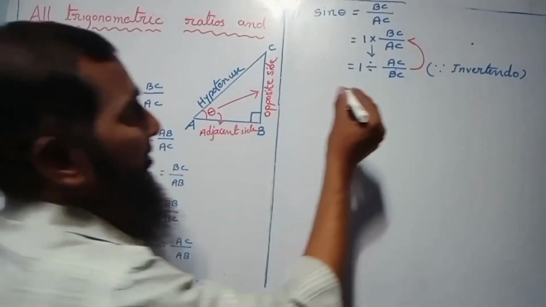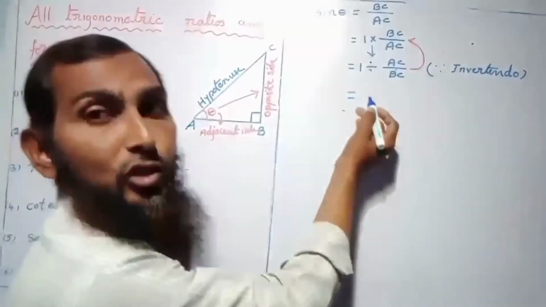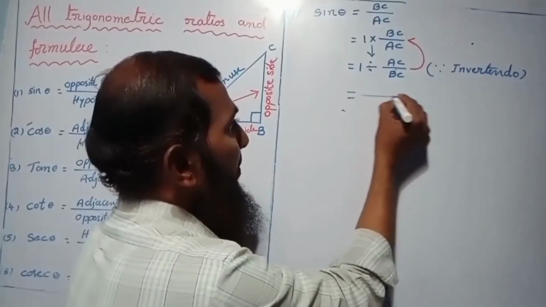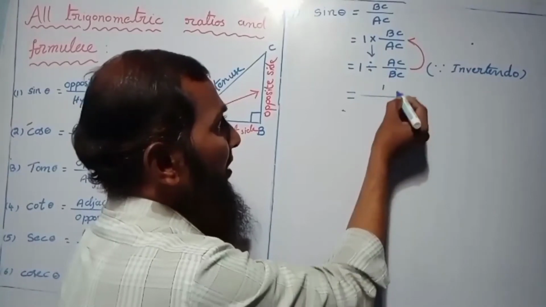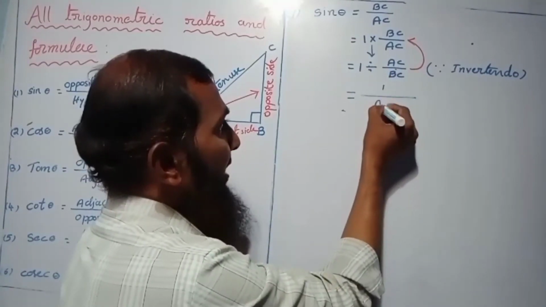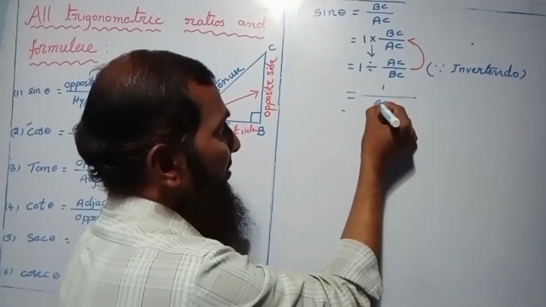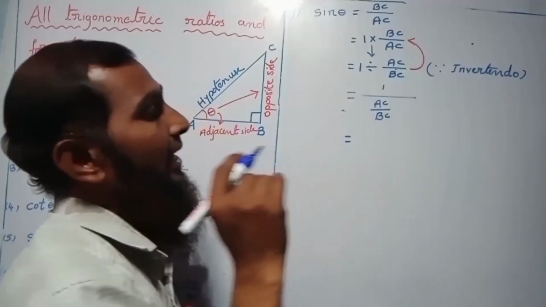Now I am going to write it like this: 1 divided by, meaning upon, AC by BC. That equals 1 upon AC by BC.